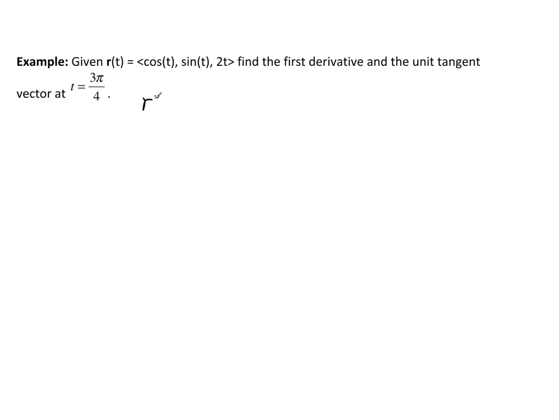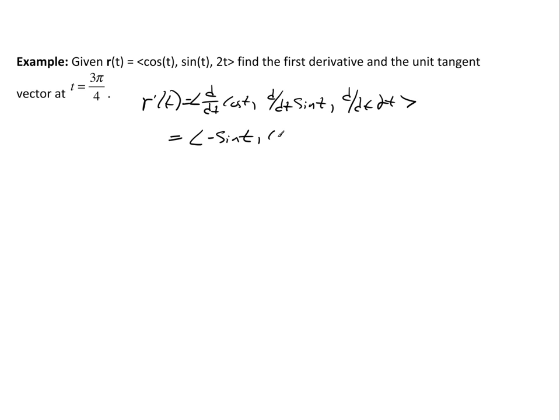Well, r prime of t is going to be equal to d/dt of cosine t, d/dt of sine t, d/dt of 2t, which is going to be negative sine t, cosine t, 2. So that is my tangent vector.